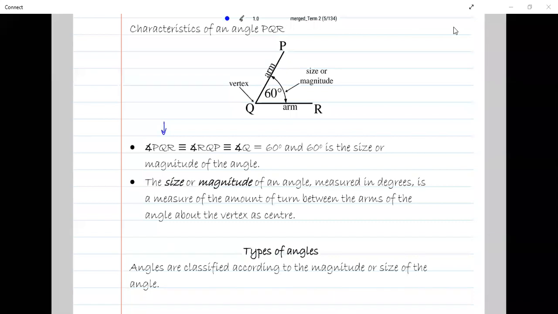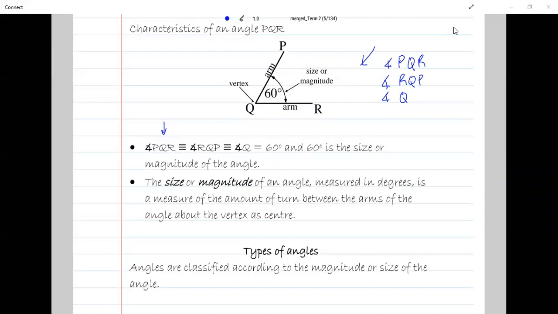So this angle here is the angle P, Q, R. You could also call the same angle R, Q, P, or you could call it angle Q. But whenever three letters are used to reference an angle, the angle is always at the letter in the middle.